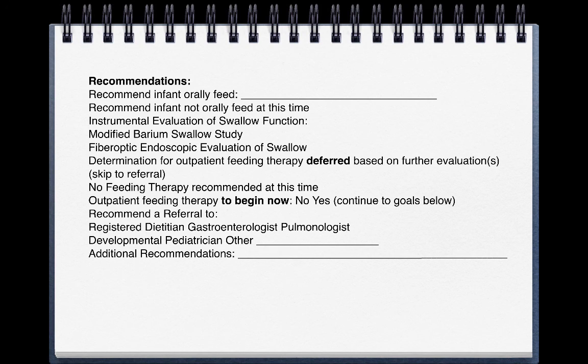Does the baby need some kind of outpatient feeding treatment or therapy program? And that's going to depend on what's wrong with the baby. So a baby who is immediately gagging, vomiting, and apneic because of, let's say, a tracheoesophageal cleft is not a good candidate for outpatient feeding therapy because they have structural issues.